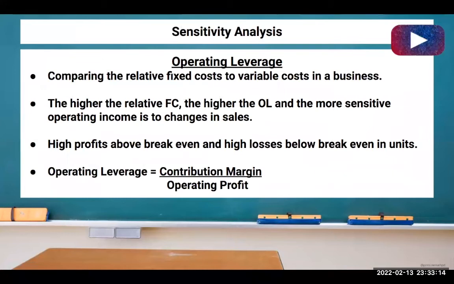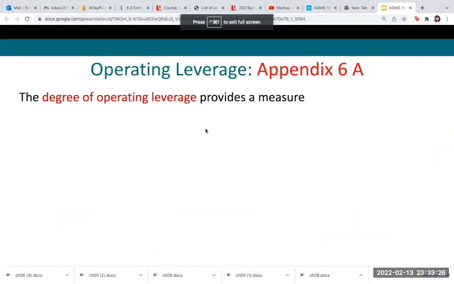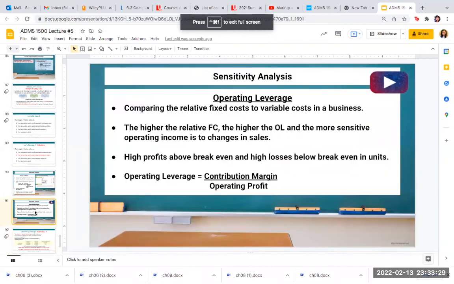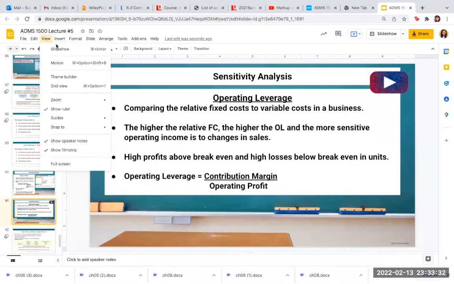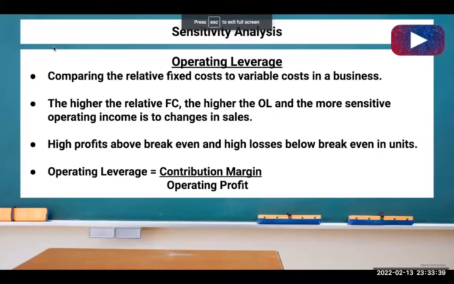Another form of sensitivity analysis is the operating leverage. Comparing the relative fixed costs to variable costs in a business. So the higher the relative fixed cost to variable cost, the higher the operating leverage.